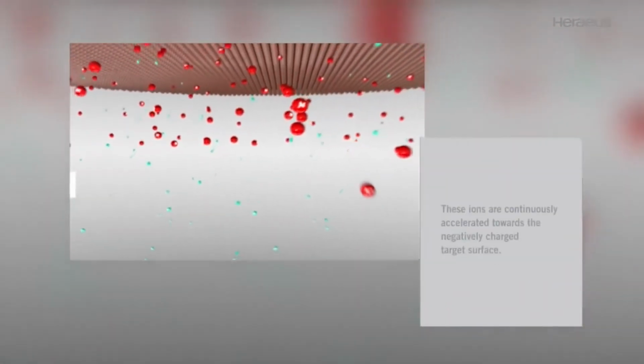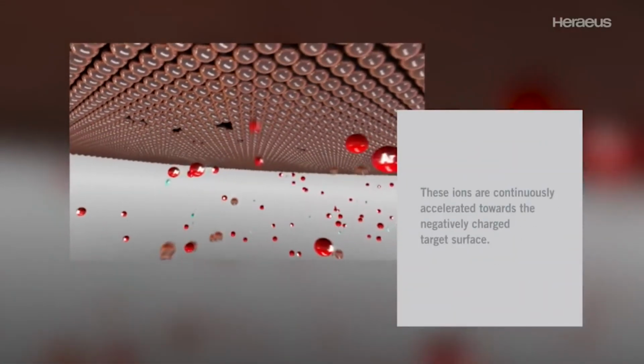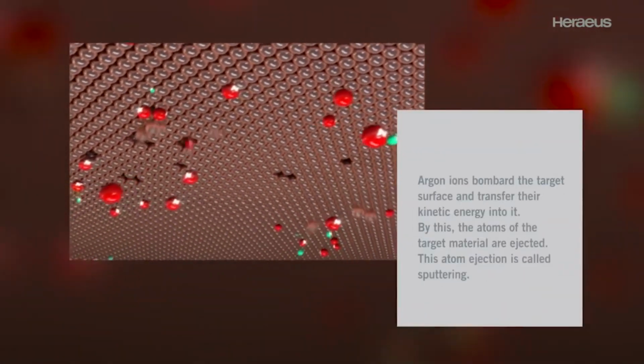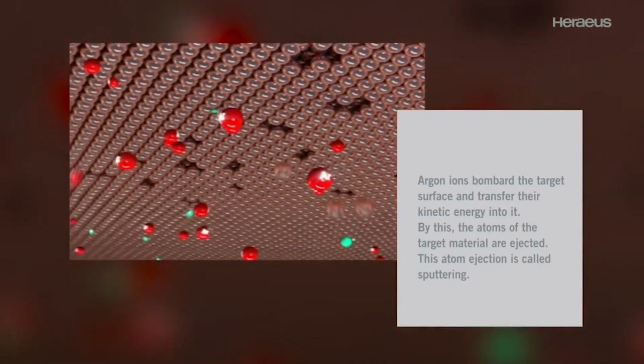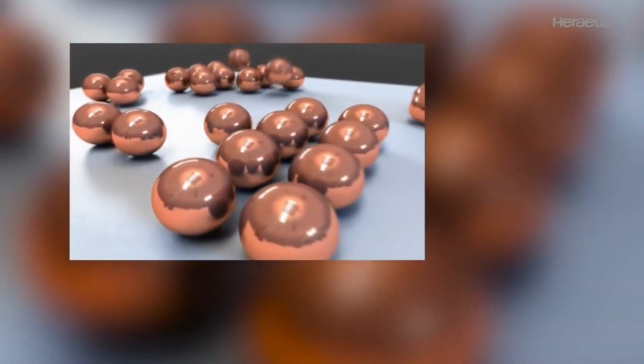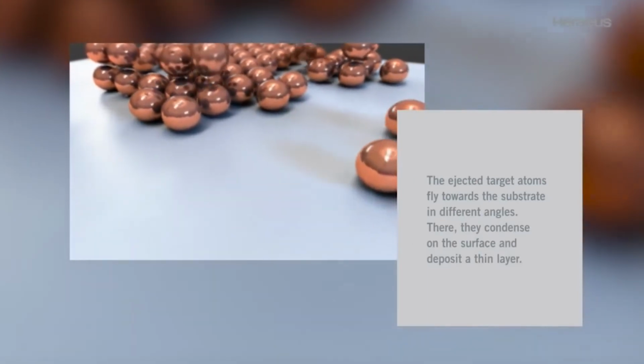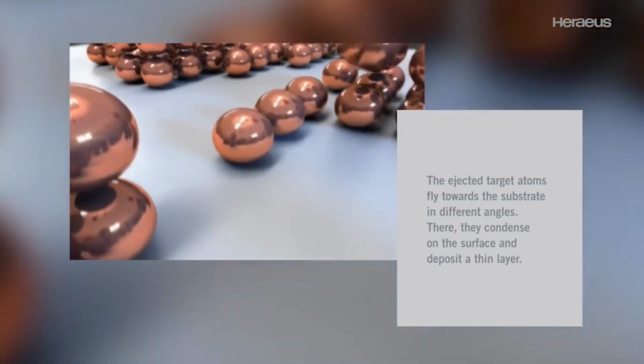At the same time, these argon atoms are hit by free electrons and cause a transfer of the target materials down to the substrate. This phenomenon we call the sputtering process, the ejection of the target materials.